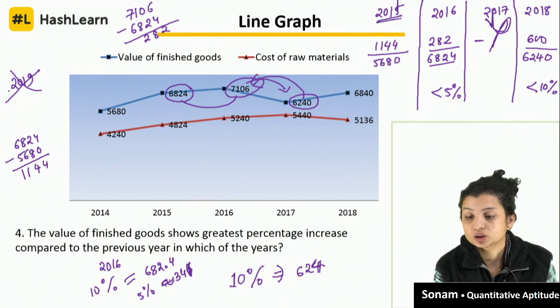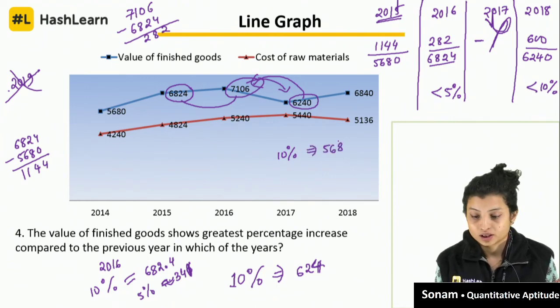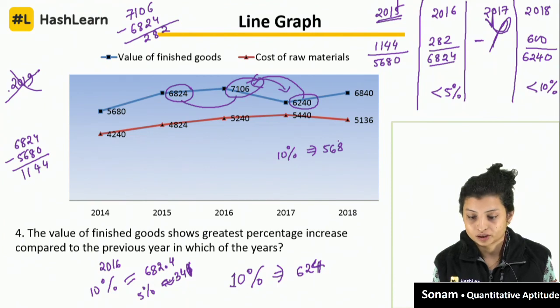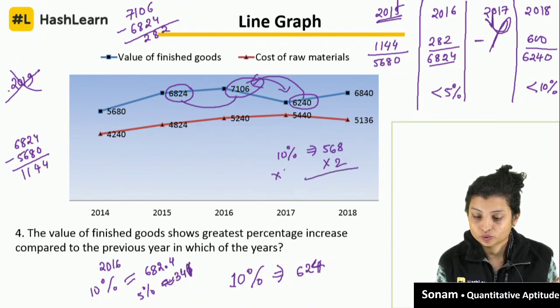Okay, let's look at the 2015 value. So what is the 10% of the denominator? 10% of the denominator is 568. This is the 10% of the denominator, and you have to see whether your numerator is greater or less than that. So if I double it over here, that is 20%.